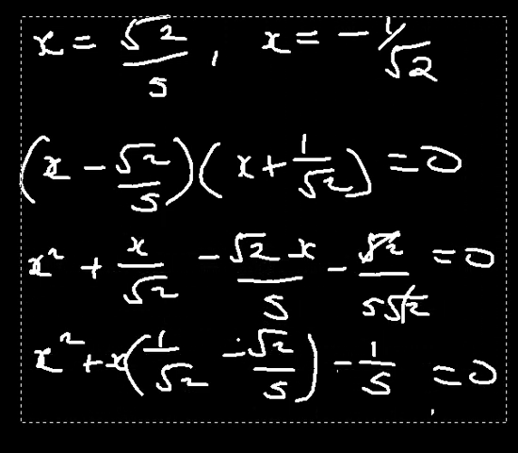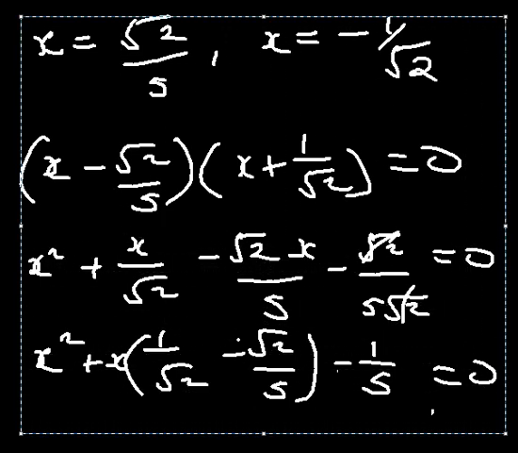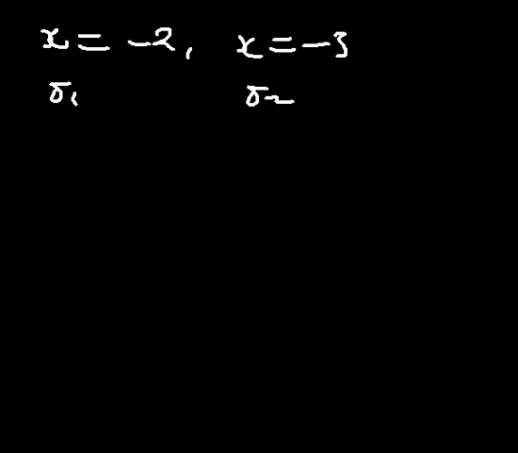Now we also have another method in which we can get the quadratic equation given the roots, apart from this one. You choose which one is best for you. Let's say x is equal to negative 2 and x is equal to negative 3. Here, negative 2 is root 1 and negative 3 is root 2.